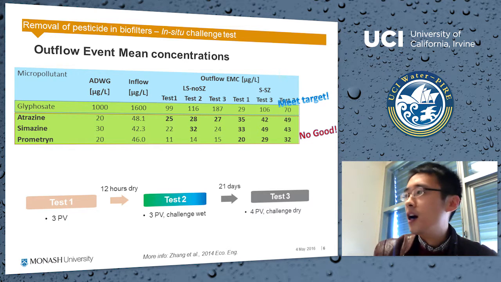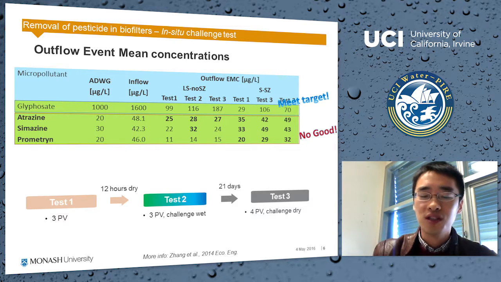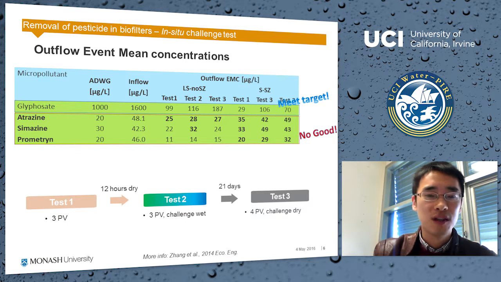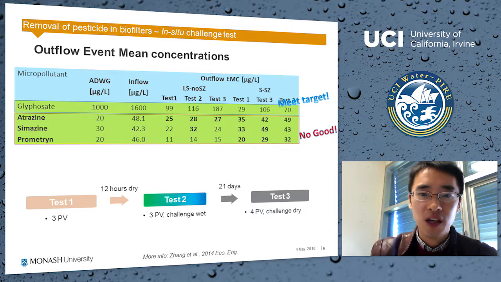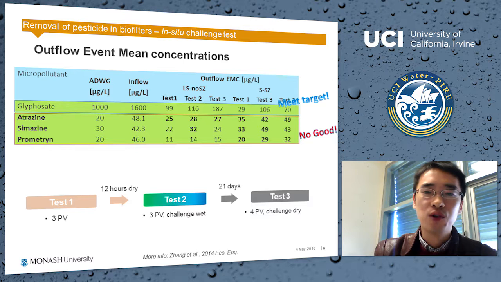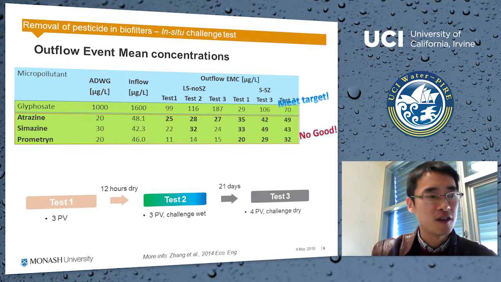We studied two different types of biofilters: one is a sand biofilter with a submerged zone, and the other is a loamy sand biofilter without any submerged zone. Let's have a look at the results. This table gives the outflow EMC concentrations of the three tests for those two biofilters, and we can see that the biofilters are very good at removing glyphosate.